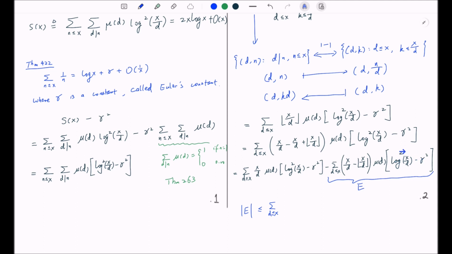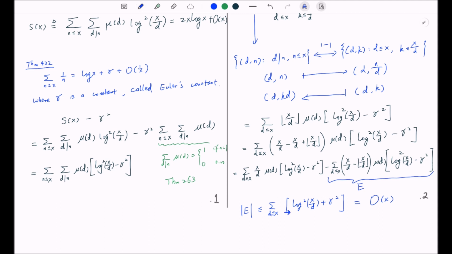And this difference is bounded by the sum of them. So we get the sum, which is equal to big O of x.